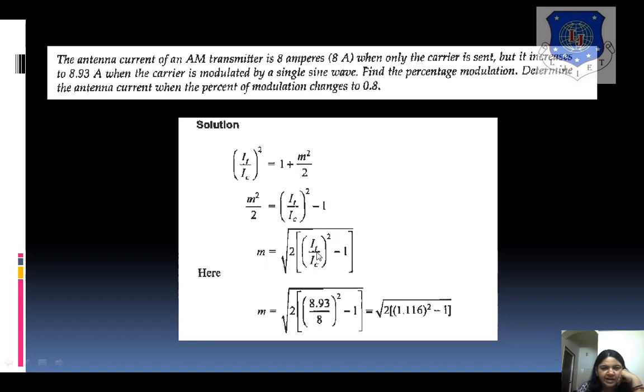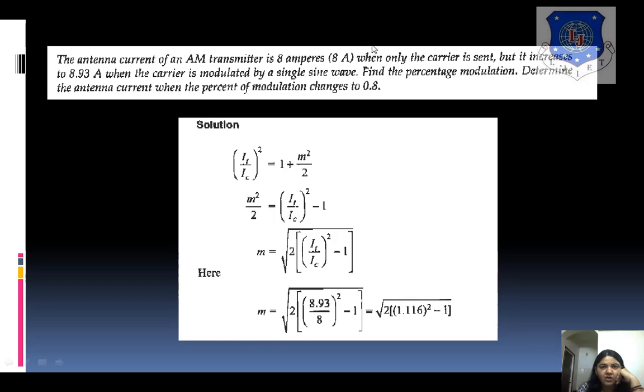Put the value of It and Ic. What is the It first of all? It means the total current. Our antenna current of an AM transmitter is 8 ampere when only the carrier is sent. So when only the carrier is sent, this is associated with the carrier current.